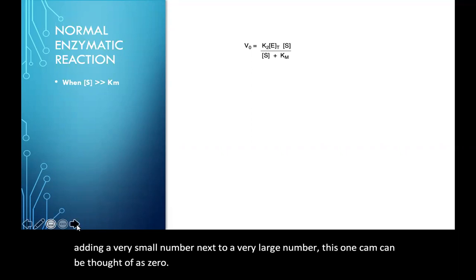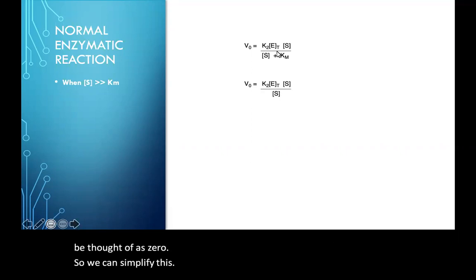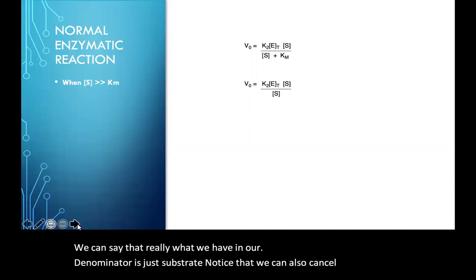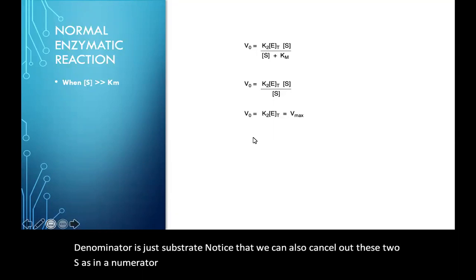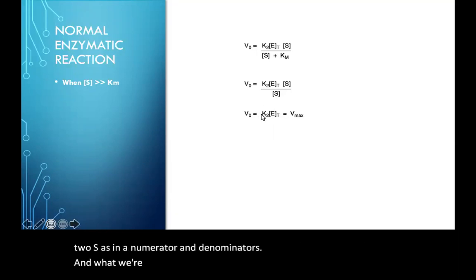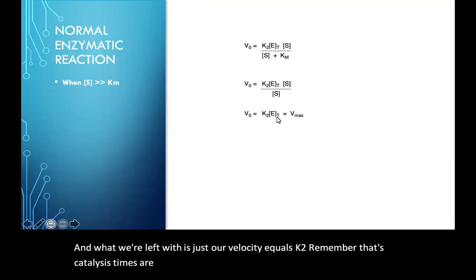So we can simplify this. We can say that really what we have in our denominator is just substrate. Notice that we can also cancel out these two S's in our numerator and denominator. And what we're left with is just our velocity equals K2, remember that's catalysis, times our total enzyme concentration.